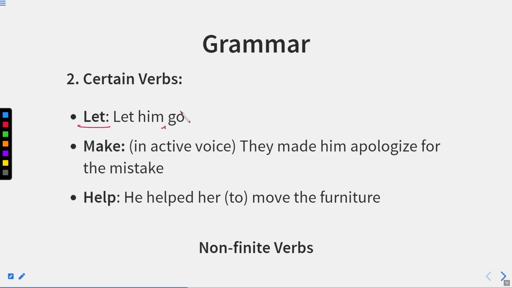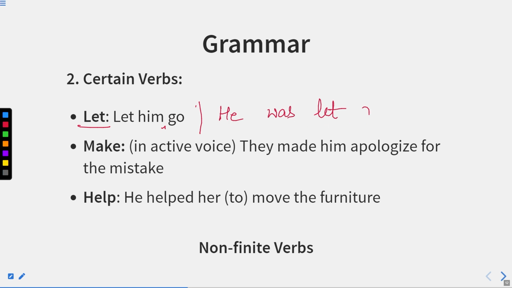Now, sometimes, if we convert such sentences into passive voice, we can have to over there. How? We'll discuss them later on. If the sentence is let him go, and I make this sentence in passive voice, he was let go.